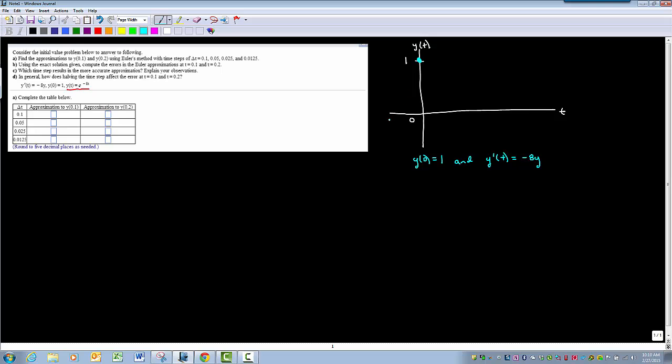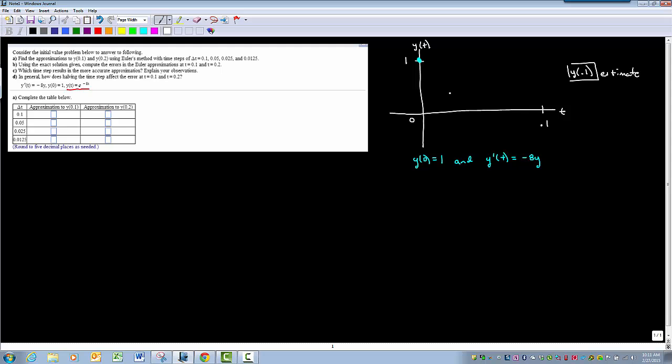Now the question is, at time 0.1, how can I estimate this height value? What is y at 0.1? This is the value I'm trying to estimate.